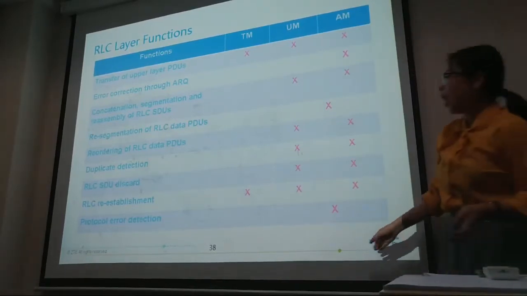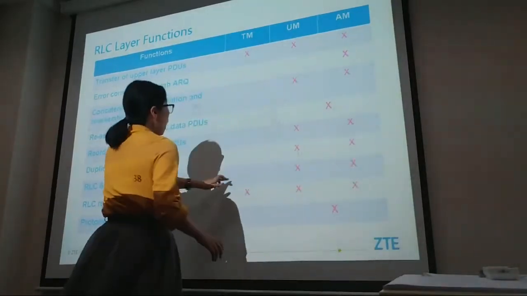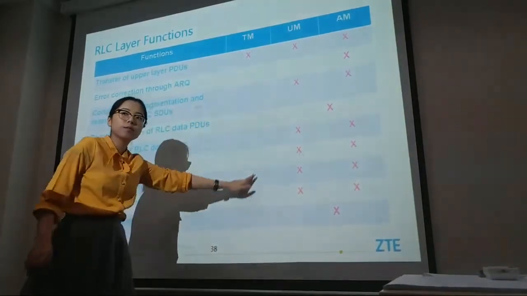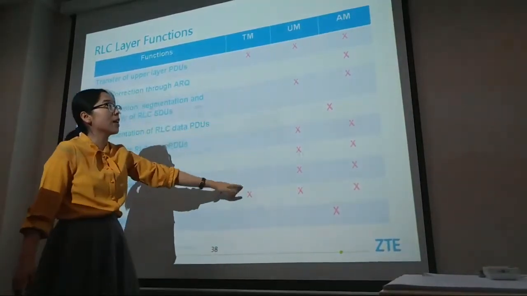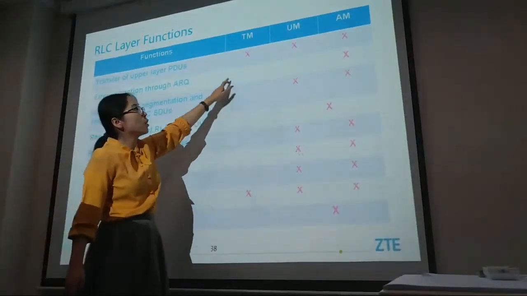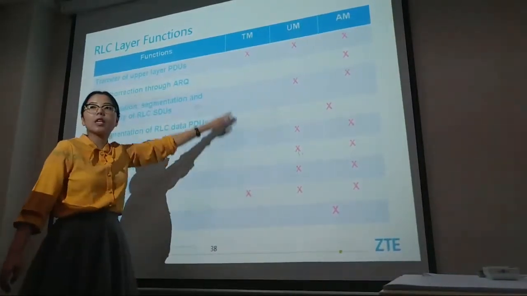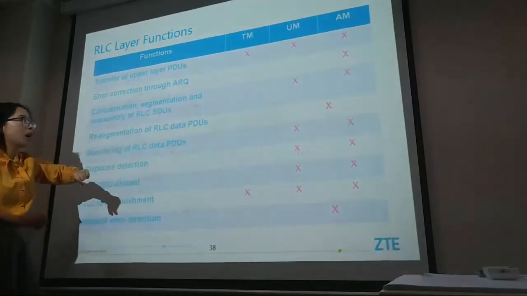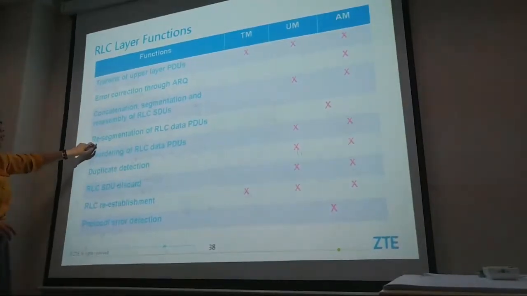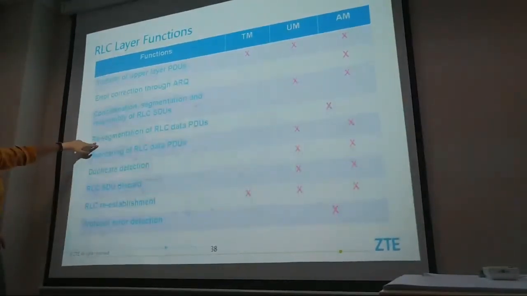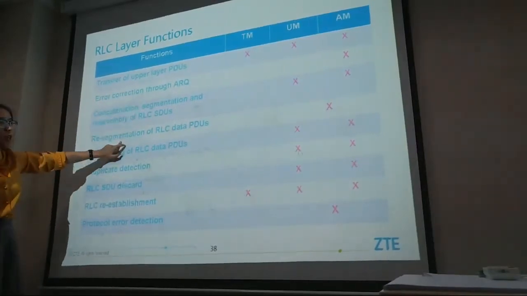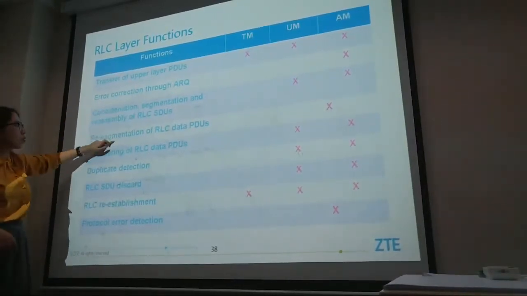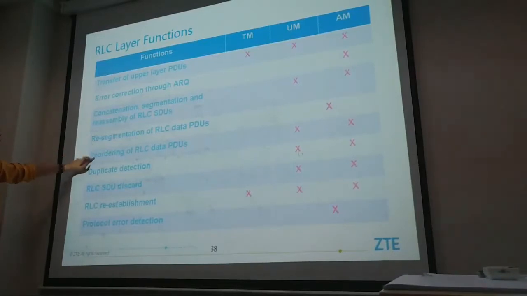So you can see all the processing is only contained in the UM or AM. For TM, no processing. It's blank. Resegmentation is the same as segmentation. And for reordering, what is reordering?